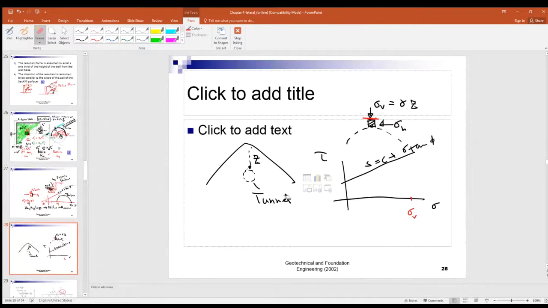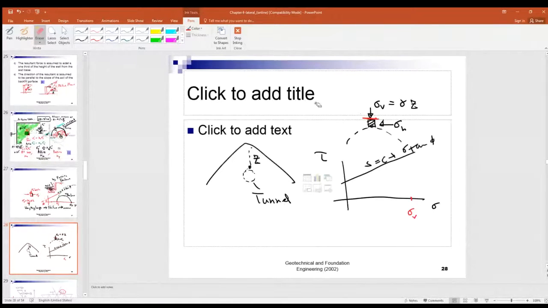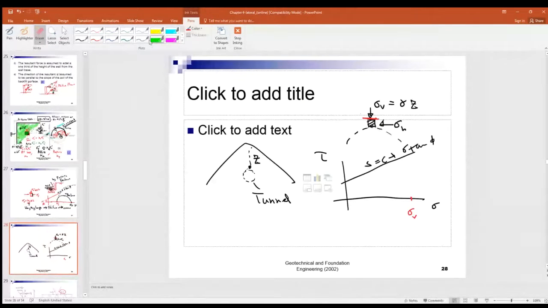Shear stress is always equal to 0 because we are considering the principal stresses. Now, what about this plane? You get this point here, sigma H.